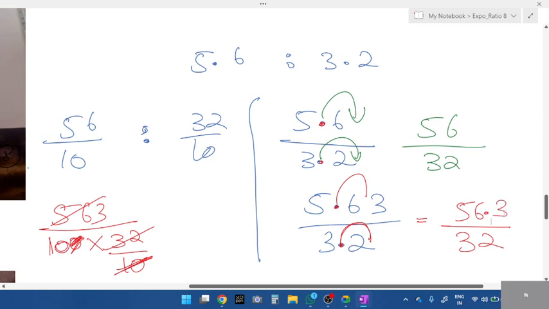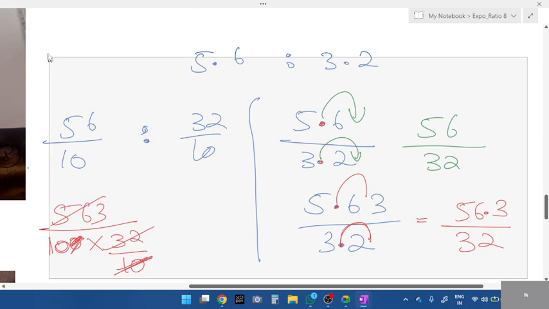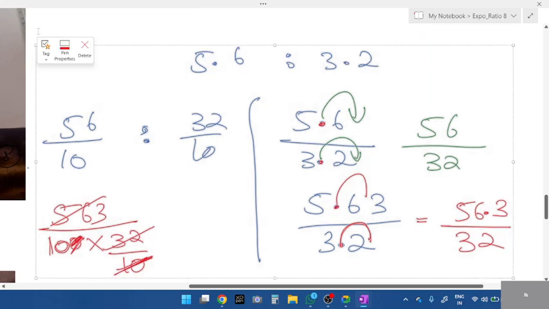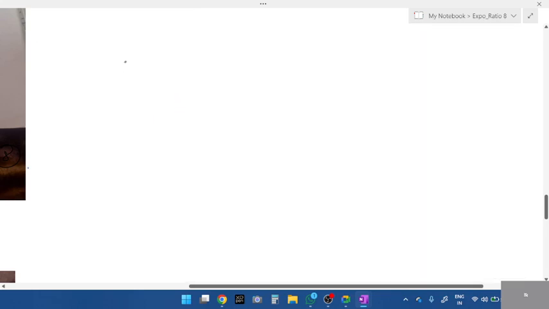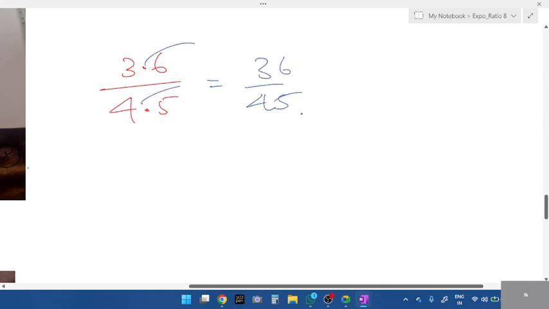Without multiplying by tens and 100, you can do it like this. If you're getting confused, remove using 10 and 100. But remember this trick. 3.6 by 4.5 is given. After the point, do we have the same number of decimals for both? 1 decimal. Then you can directly remove the decimal, right? 36 by 45. You don't have to multiply like this, students.